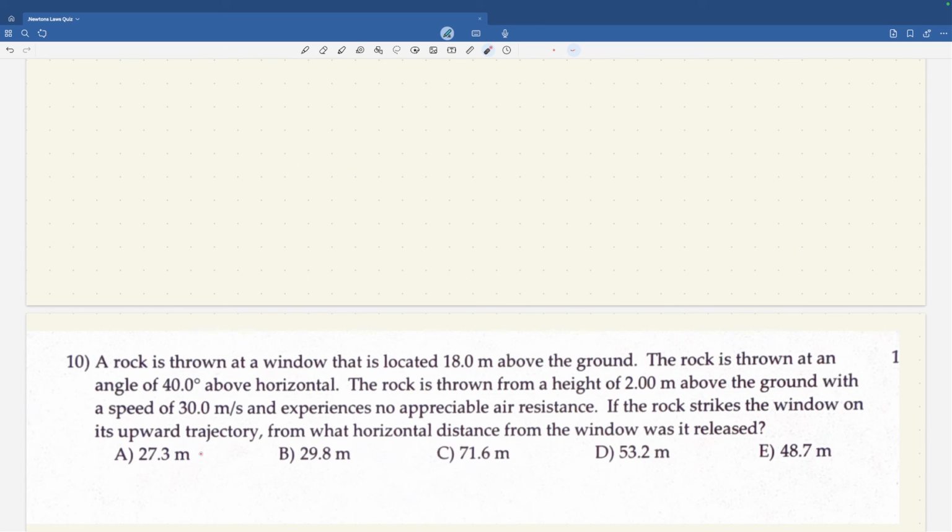And it strikes the window on its upward trajectory, meaning while it's going up. Because in a parabolic motion, you can have it going up and then after it goes up, it comes back down. So it says that it strikes it on the way up, and you have to find the horizontal distance, which means you're looking for delta x.